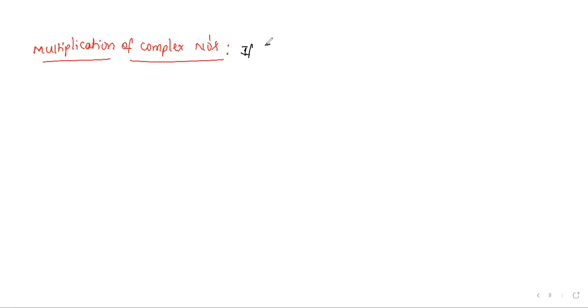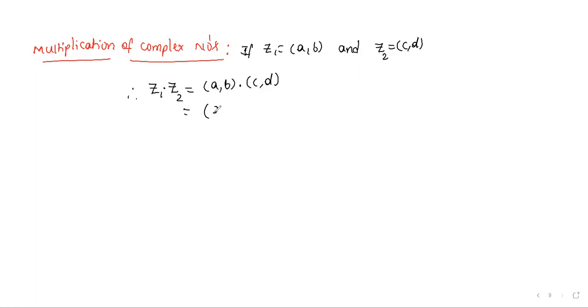If z1 is equal to a comma b and another complex number z2 is equal to c comma d, therefore the multiplication of two complex numbers is denoted by z1 into z2, that is equal to the ordered pair a comma b into the ordered pair c comma d. This can be written as ac minus bd comma ad plus bc.